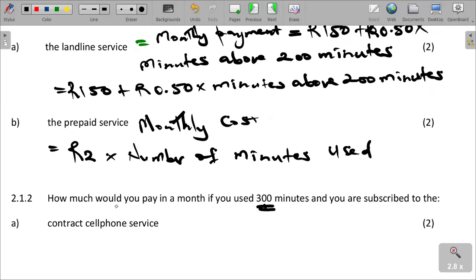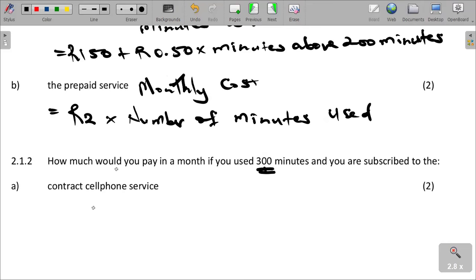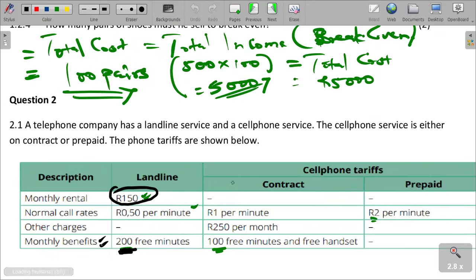A contract line costs 250 rand per month, plus, if you use 300 minutes, the charge for the minutes used above the free minutes, times 1 rand.